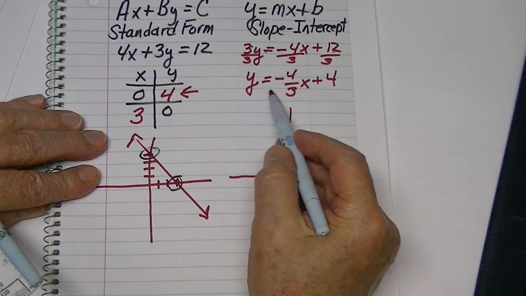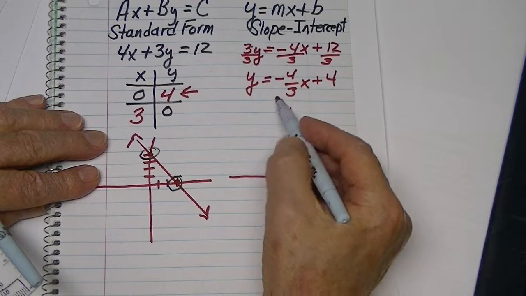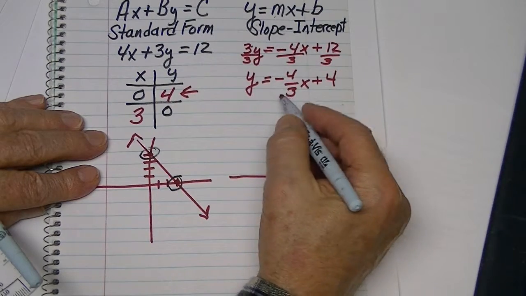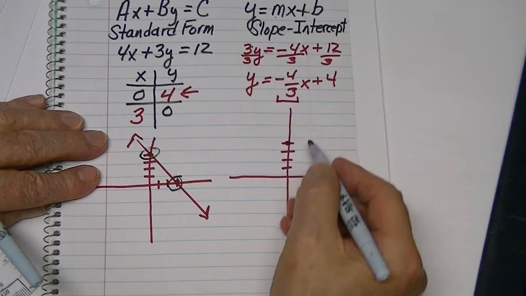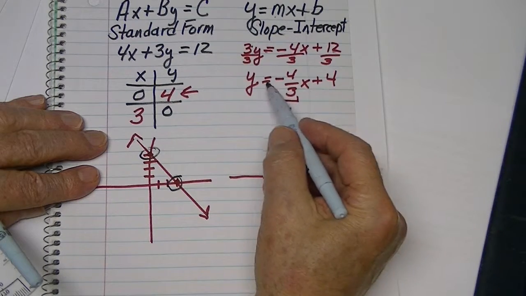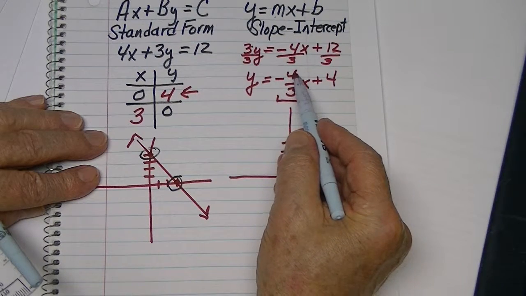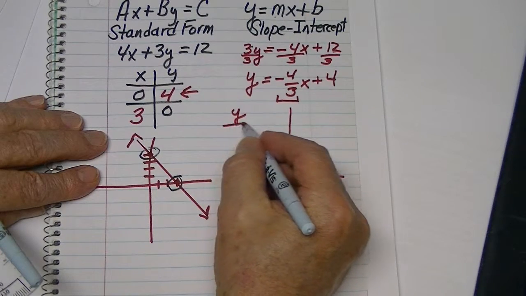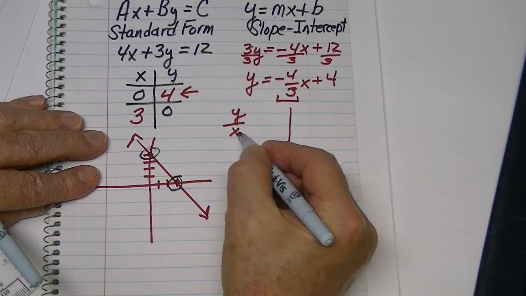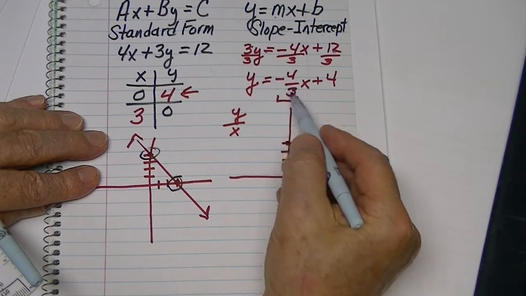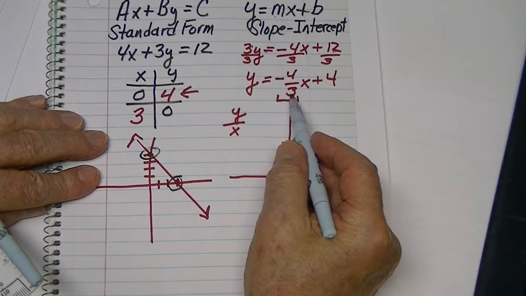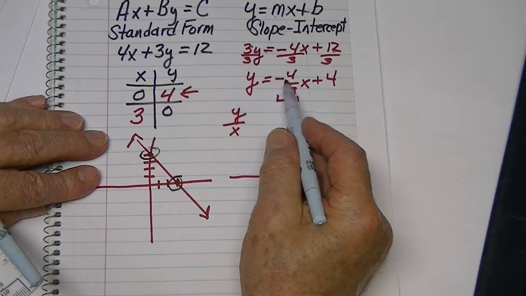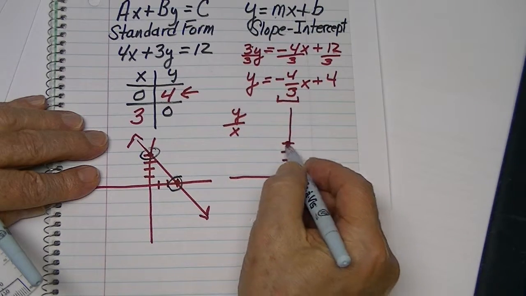We then go and plot our slope, because this letter M, you may recall, is our slope. And what is our slope? Well, it's -4/3, and that's actually a ratio of y units to x units. That's what slope is. So we have a -3. I could put the negative down here. I like to do it this way.